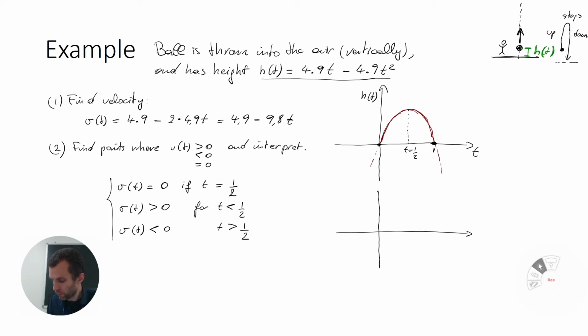And likewise, we can graph the velocity, so v as a function of t. And here the zero of the function is at 1/2, and the intercept of the function is 4.9. So the drawing is not really to scale on the axes, but we see that the velocity is a straight line like this.